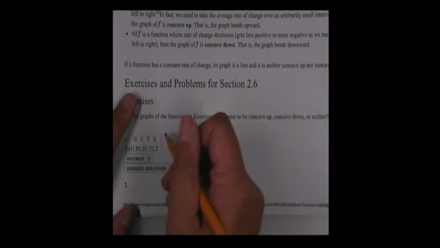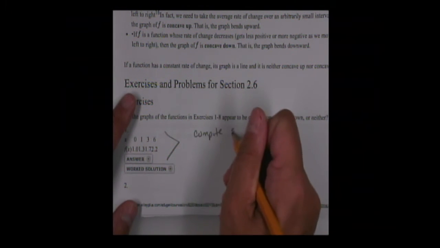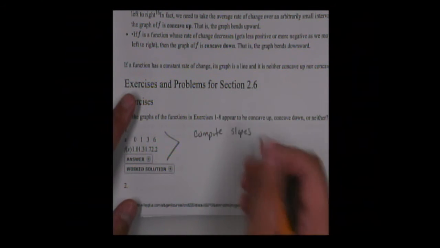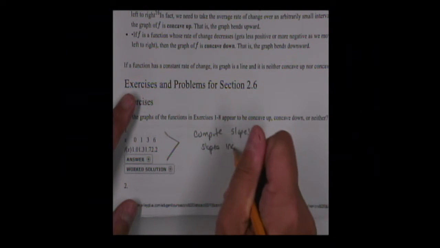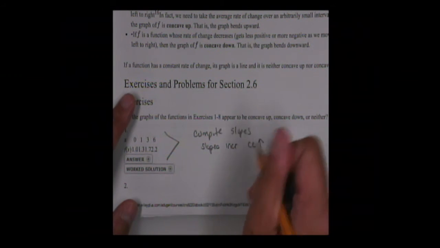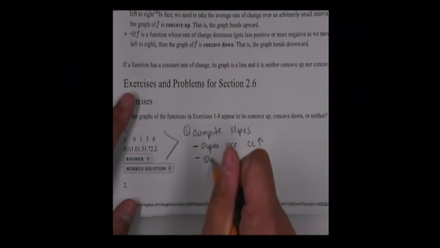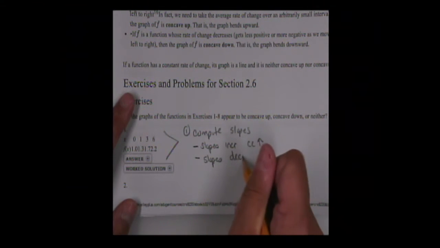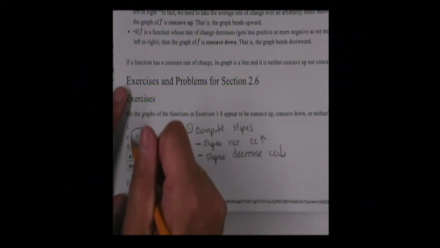But the way from a table is to compute slopes. If the slopes increase, you're concave up. And if the slopes decrease, then you're concave down.